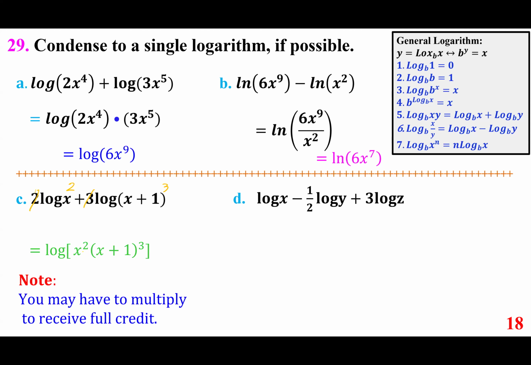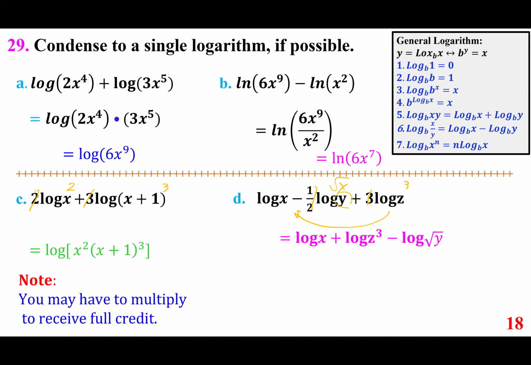All right. To do part D, you don't have to move things around, but let's do it to make it easier. First of all, this one goes away and makes this one square root of y. This one becomes 3, and I'm going to put this next to that because both of them have a plus sign.